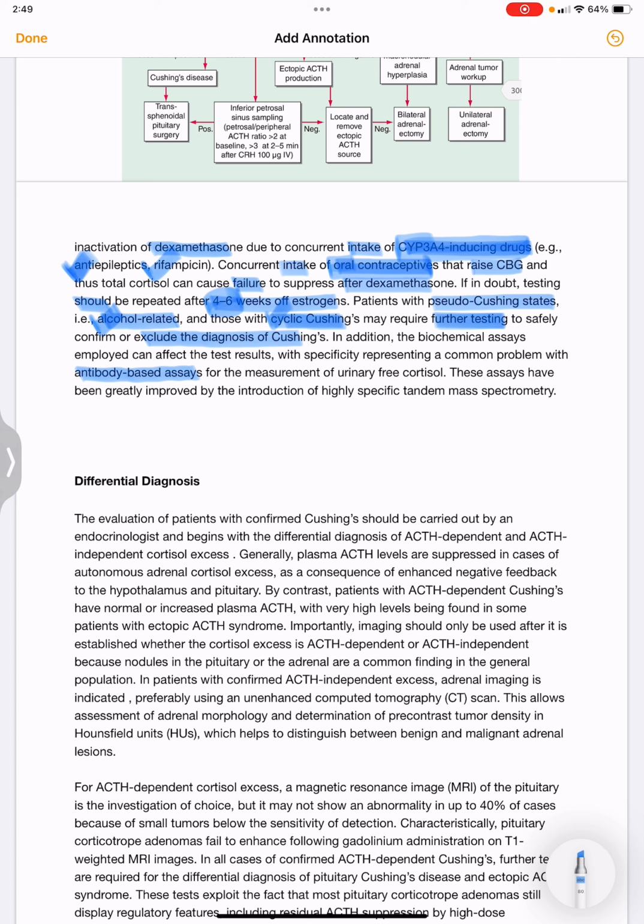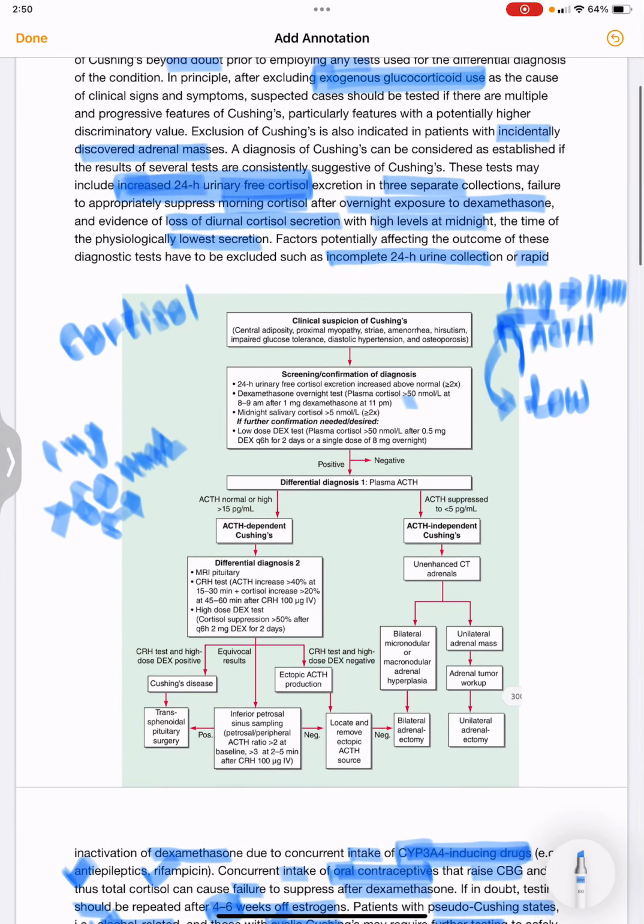These assays have been greatly improved by the introduction of highly specific tandem mass spectrometry, so the test results will be accurate.